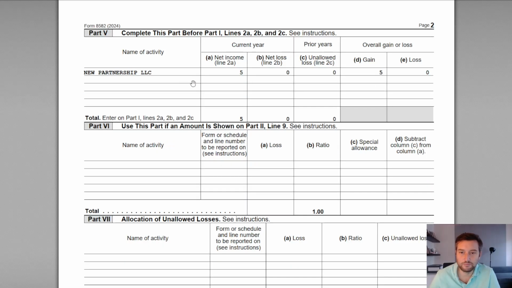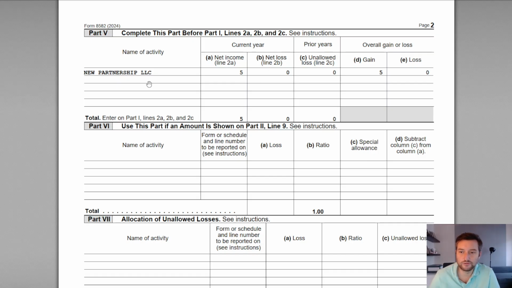So we can see page 2, part 5, we have a listing of the activity. So the new partnership LLC, and we can see here the current year net income or loss. We have net income of $5. That's coming through from the K-1. No net losses on the ordinary income line, and there's no prior year losses or other activity.